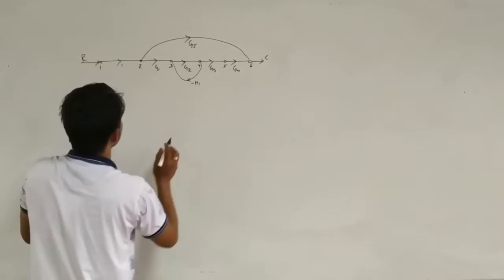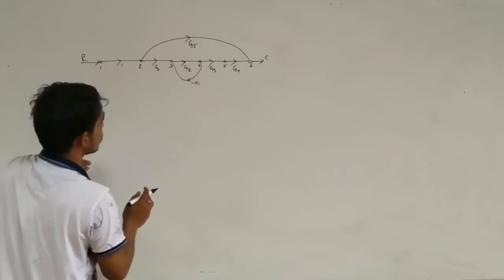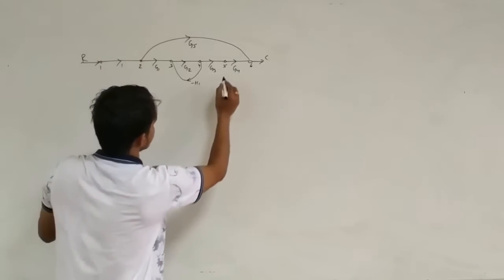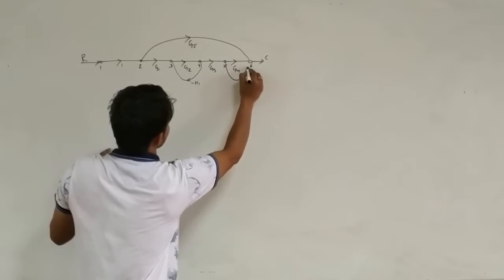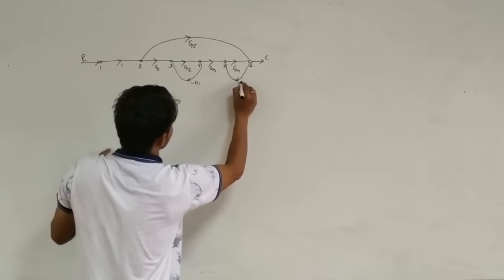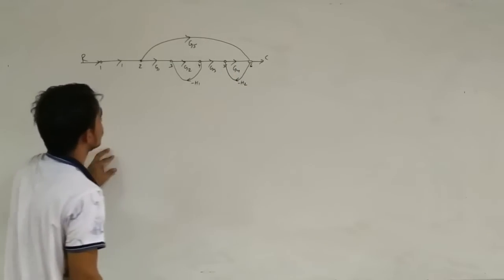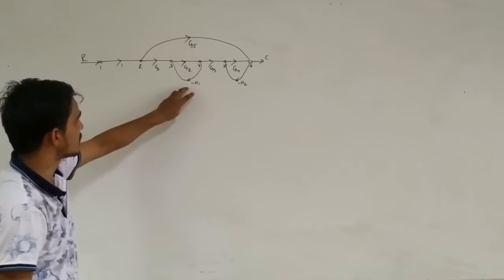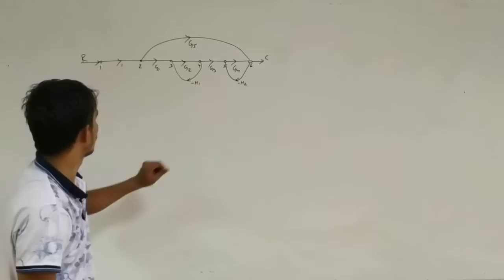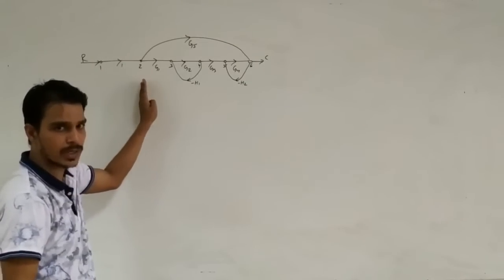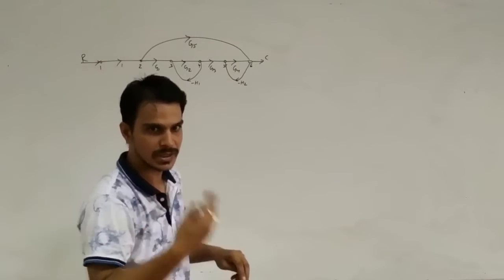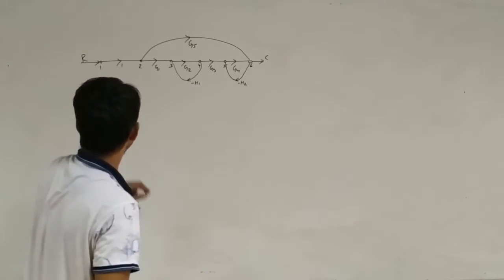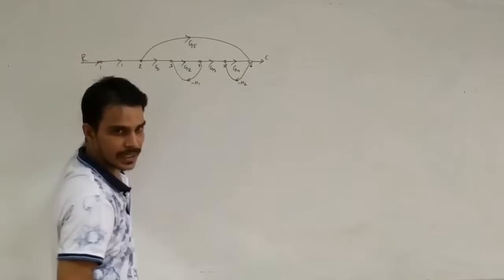Minus H1, minus H2. This is the signal flow graph given. We have to find the transfer function of this signal flow graph, that means C by R.